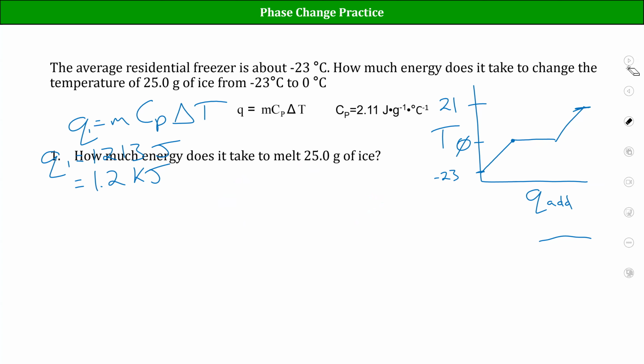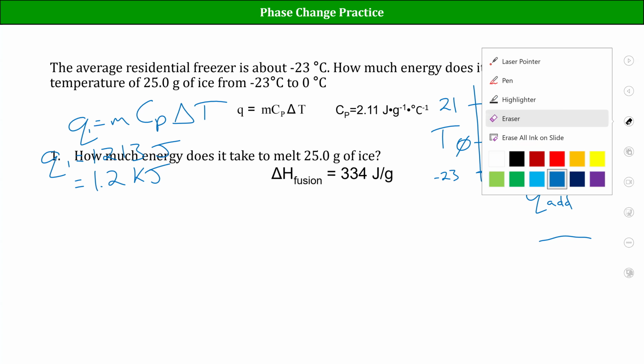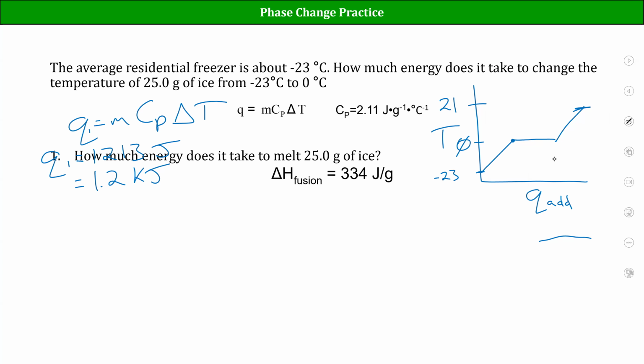How much energy is it gonna take to melt the 25 grams of ice? Again, I have to give you the heat of fusion for this. But if you know this number, it's joules per gram, right? So 25 grams, change color for Q2.